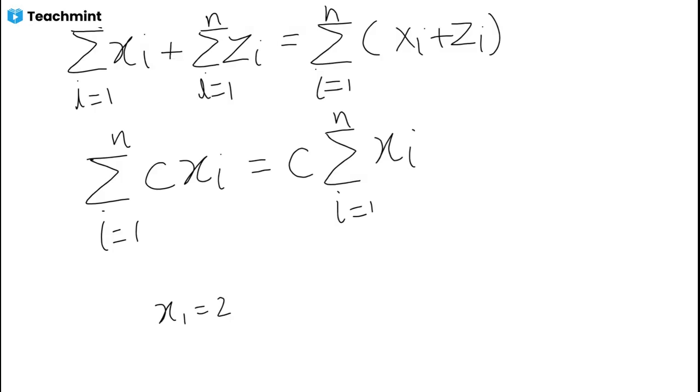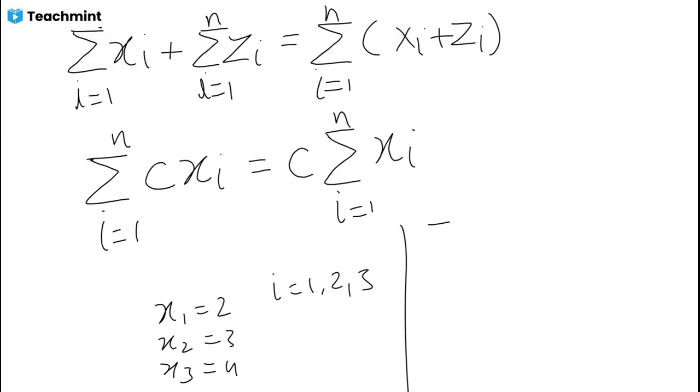Like we have x1 is equal to 2, x2 is equal to 3, x3 is equal to 4. We have three terms, here we are taking i is equal to 1, 2, 3 only, and we need to find the sum of all values. So we have summation xi, i is equal to 1 to 3, which is 2 plus 3 plus 4.